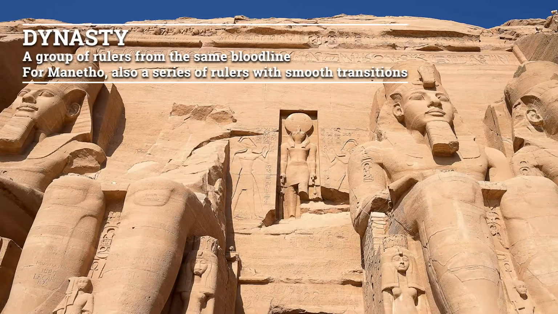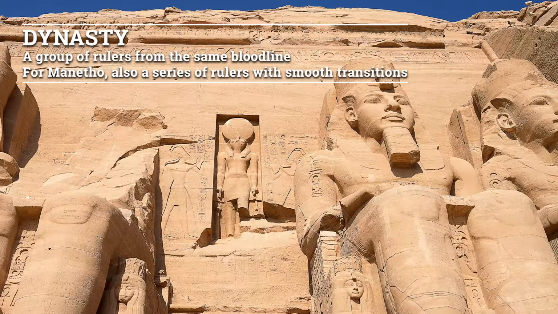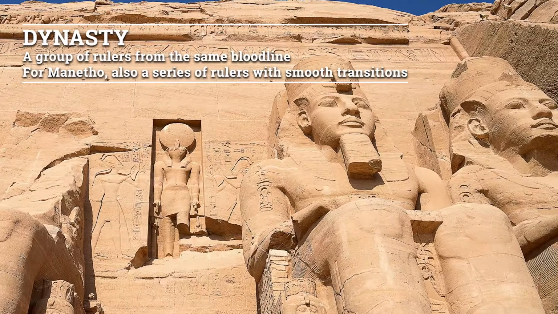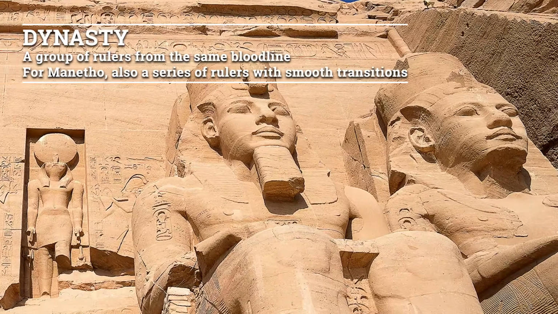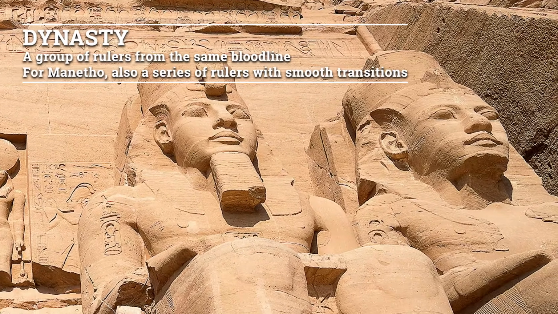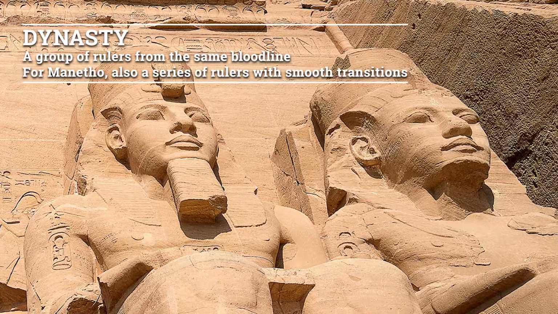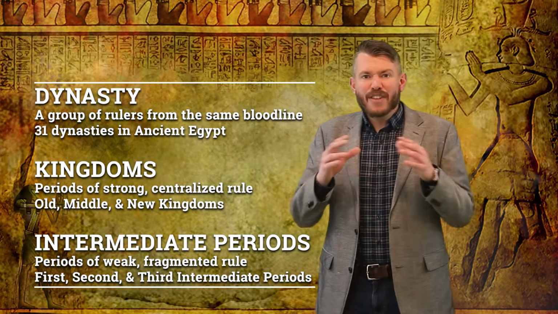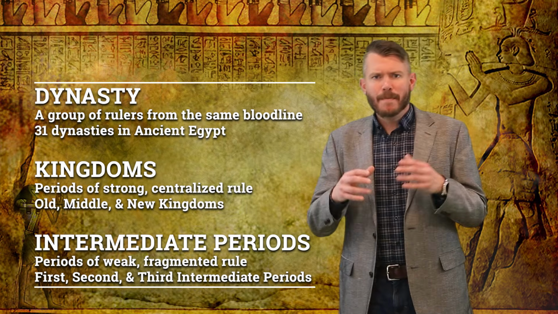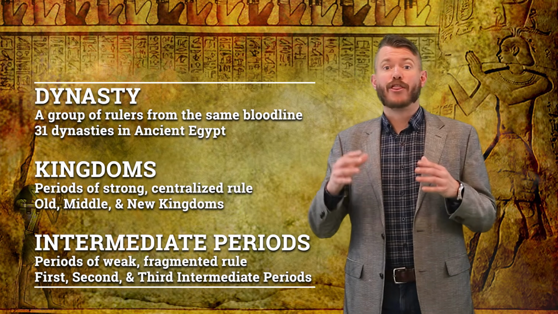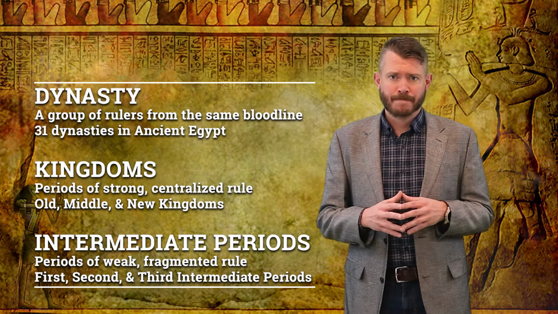So kings from different families could both be part of the same dynasty as long as the transmission of power was smooth and there wasn't much of a disruption, both for the king and for his people. Manetho divided his history into 30 dynasties, and modern Egyptologists have added a 31st to that list.